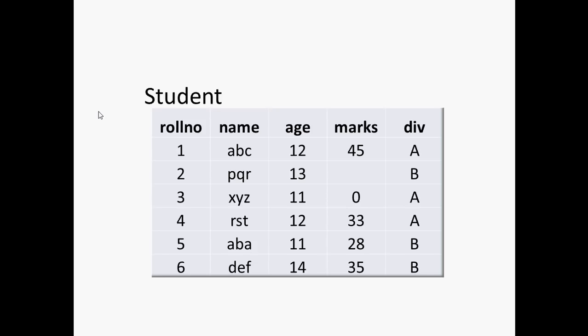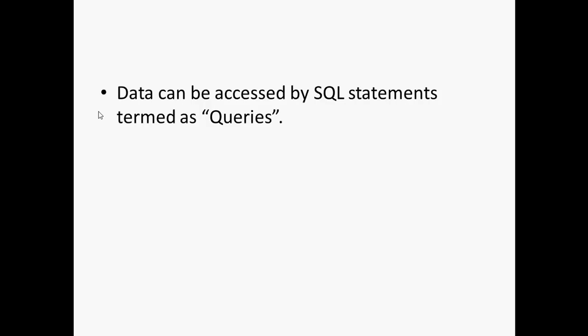Using SQL we can actually create this table, insert information into this table, update the information or retrieve the existing information. For doing so, we need to write some SQL statements, and these SQL statements we call queries. So we write SQL queries to read information, to write information.